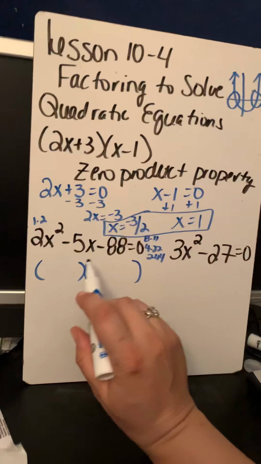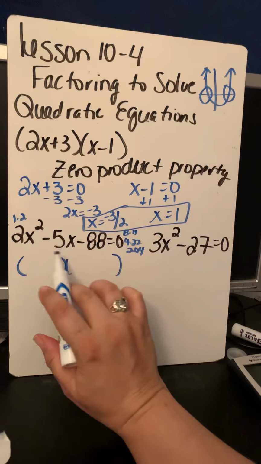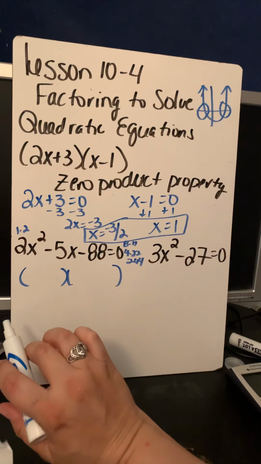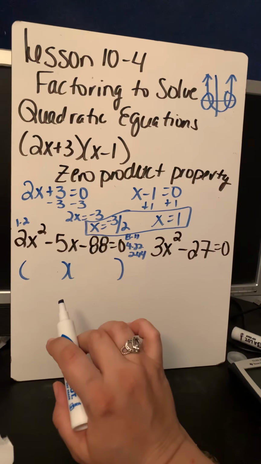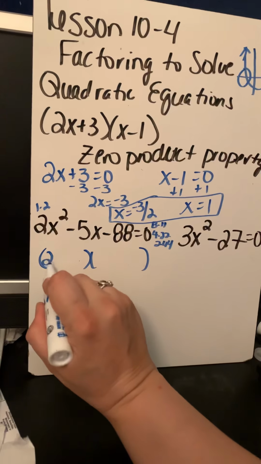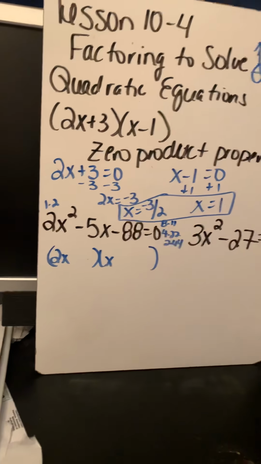We're trying to figure out how to get 5 in the middle. So I look, what's 2 times 8? 16. What's 1 times 11? 11. What's 16 minus 11? 5.